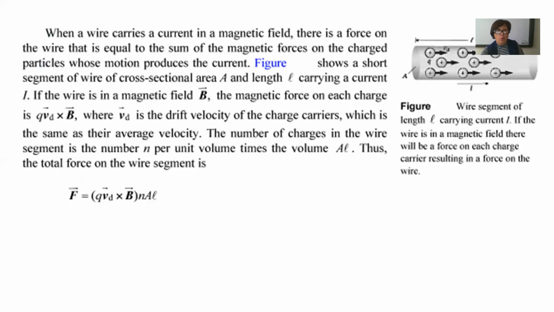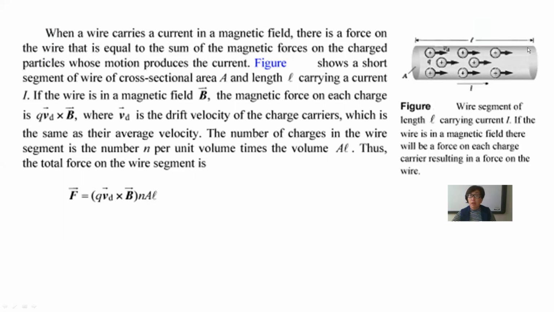This is the direction of the magnetic force on a charged particle moving with velocity in a magnetic field B. Next, consider a wire carrying a current in a magnetic field, as in this figure. A wire segment of length L is the length of the wire carrying current, and this is the direction of the current. If a wire is in a magnetic field, there will be a force on each charge carrier, resulting in a force on the wire.